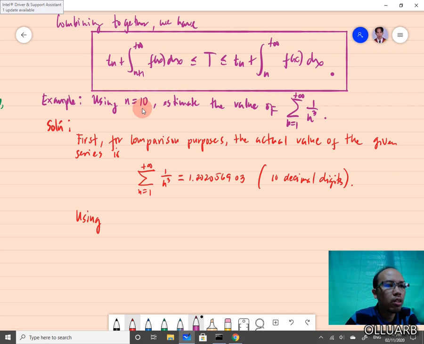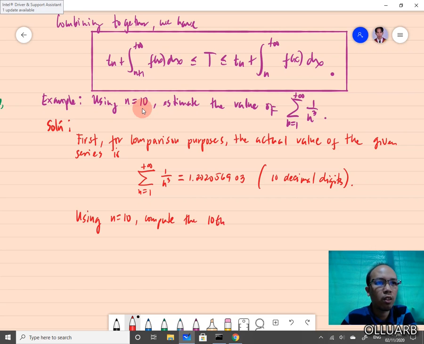So here, using n is equal to 10, we will compute the 10th partial sum, as you can see below.